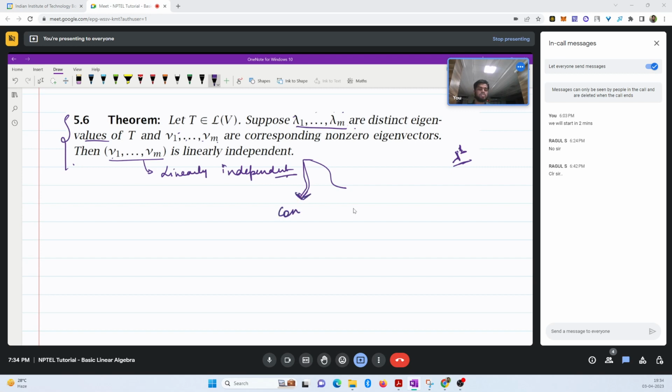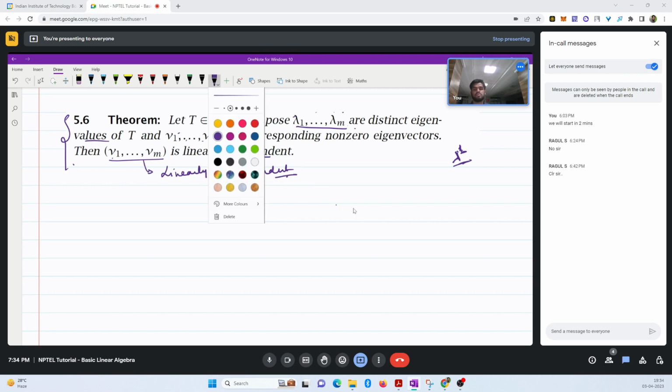One way would be contradiction. You assume that this is linearly dependent, and then you will get some contradiction. Another way, let's see, I'll tell you another way when I'm doing it. You can try the contradiction method on your own.